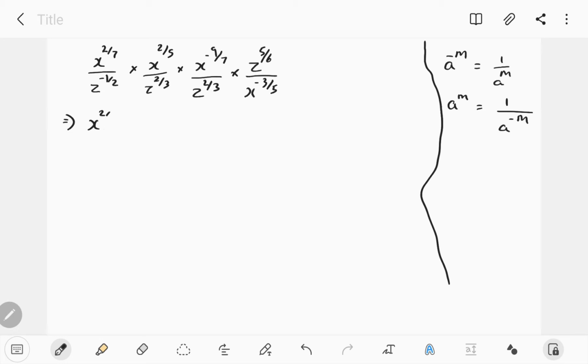The numerator x power 2 by 7 will remain as it is. The denominator z power minus 1 by 2, when I bring it to the numerator, the power will change, because that's what we have seen here: the property a power minus m equal to 1 by a power m, and a power m is equal to 1 by a power minus m. From the denominator to the numerator, when I bring an exponent, the base will remain the same, but the sign of the power will change.